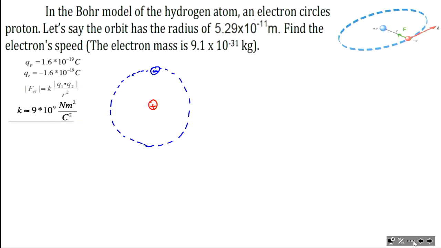And what do we know about circular motion? Everything. That's the right answer. So now, in addition to what we've learned about circular motion, we just have to add one more equation, the Coulomb's law, which describes the magnitude of the force between two charges. How do we calculate it?